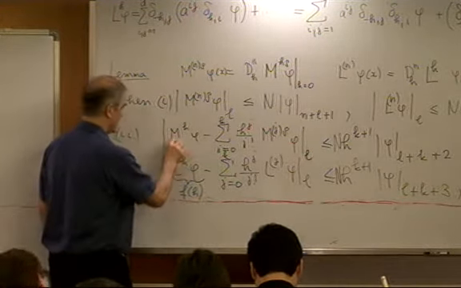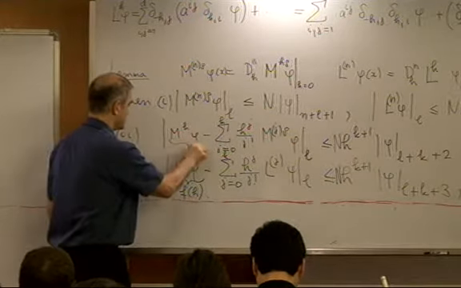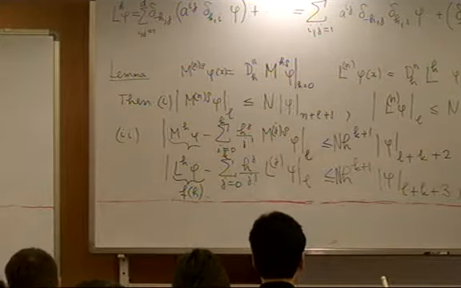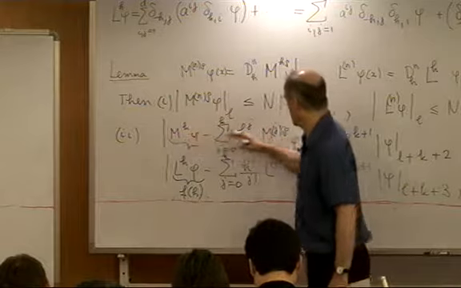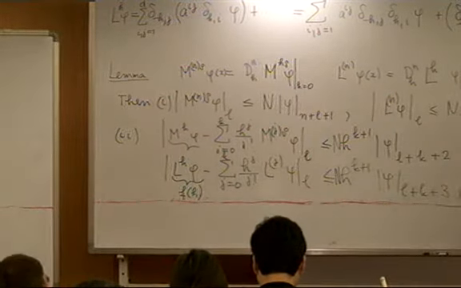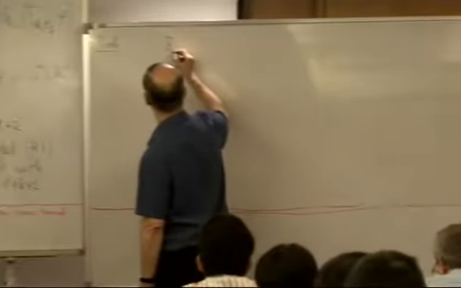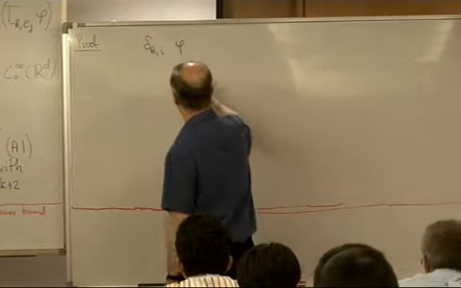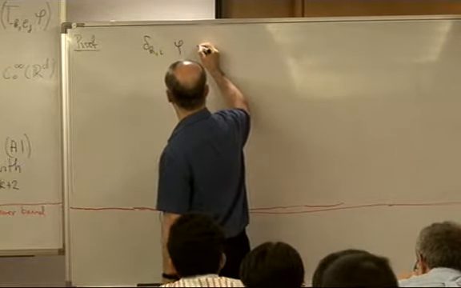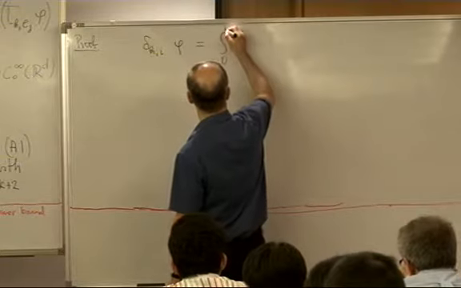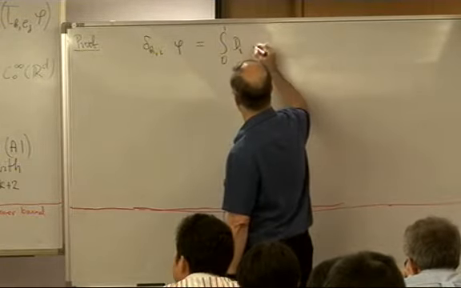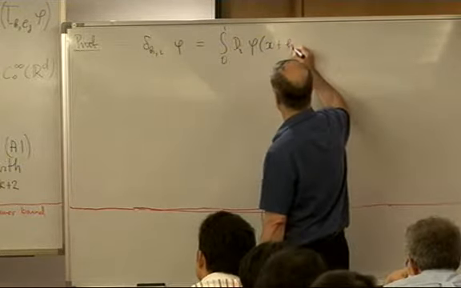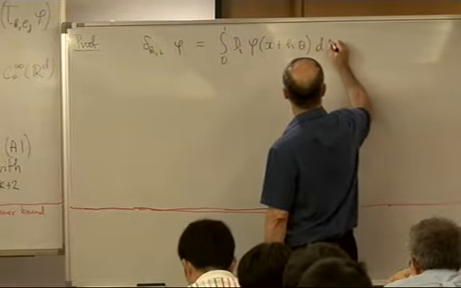Let us deal with this first, which means again that if we would like to understand this, it is enough to consider only the delta h phi situation, and we know this is the integral from 0 to 1 of di phi at x plus h theta d theta.